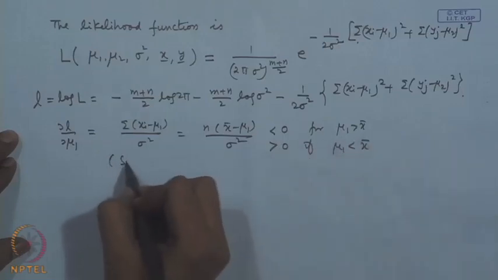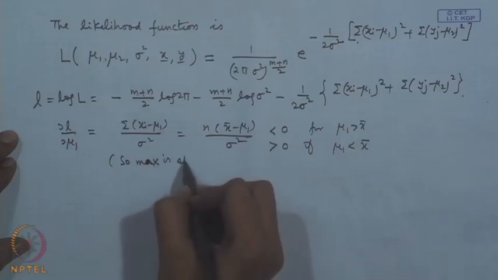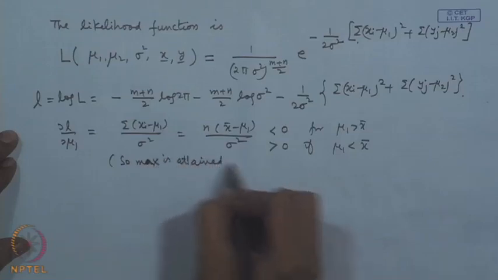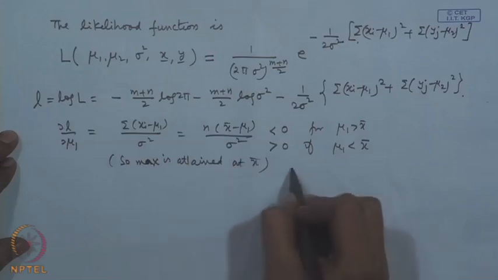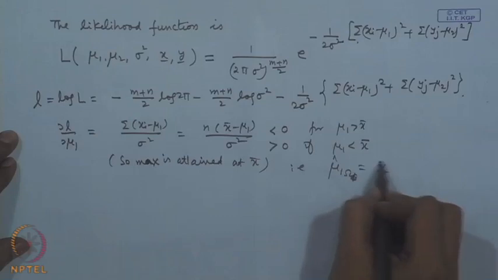So, the maximum is attained at x bar, that is mu 1 hat omega is equal to x bar.